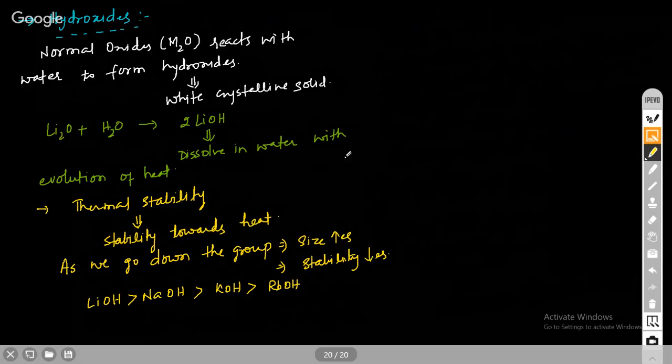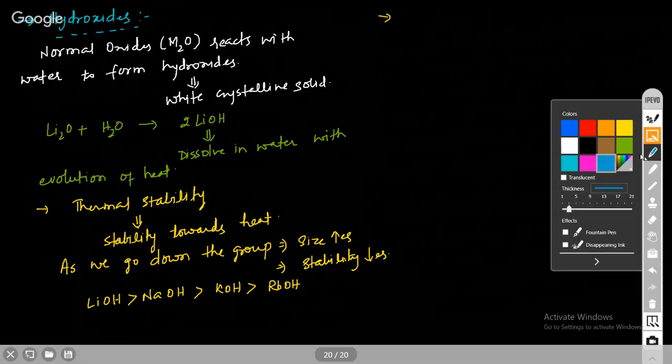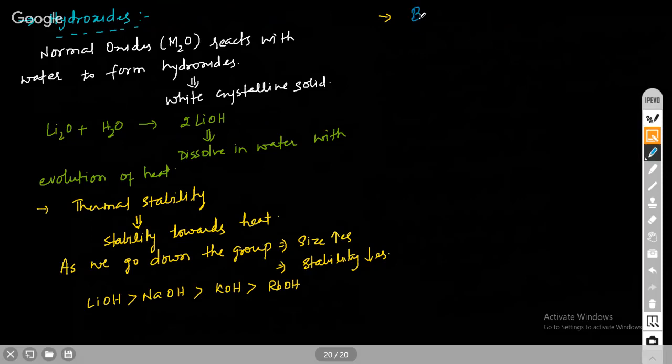So if I ask you the basic order here, the basic nature follows this order: CsOH maximum, then RbOH, KOH, NaOH, and then LiOH.